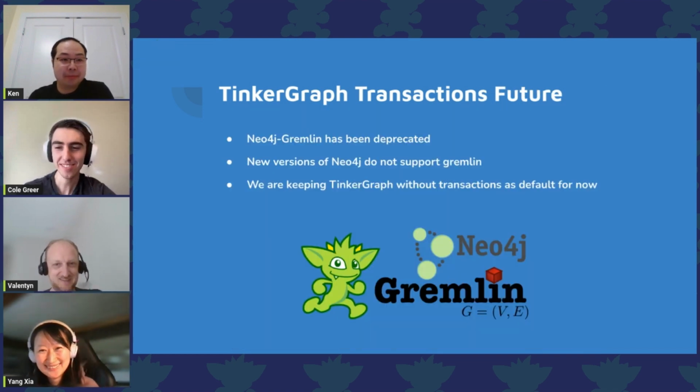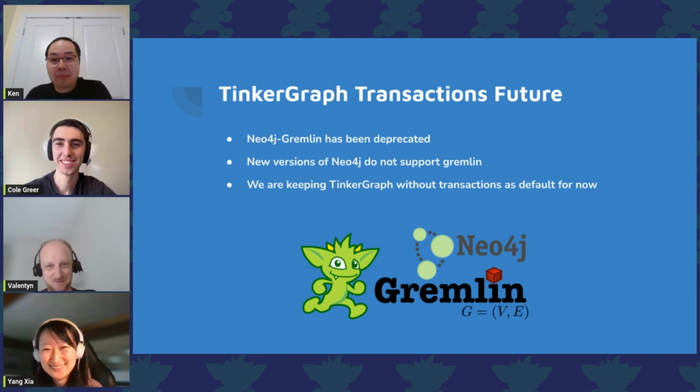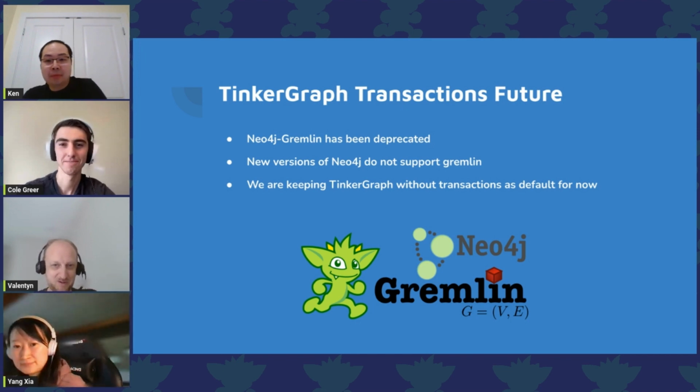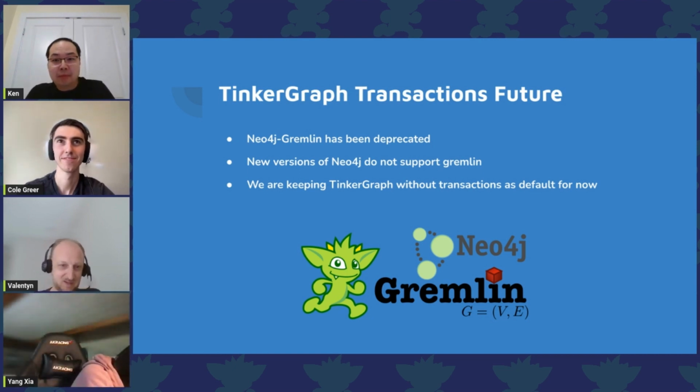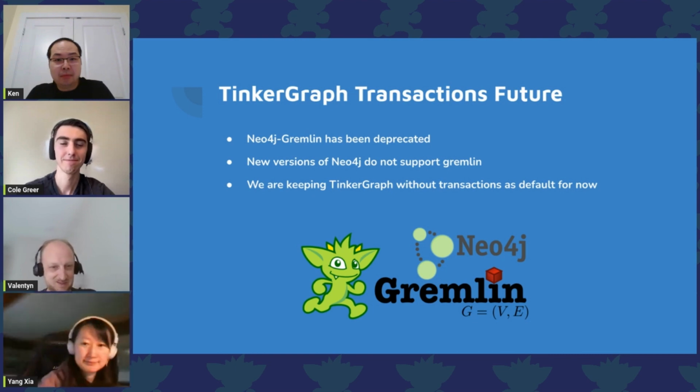Next slide, please. A few words about Tinker transaction graph future. We are planning to deprecate Neo4j Gremlin and probably remove it in some future releases, but without any timeline. For the next months, Tinker graph will be used by default.